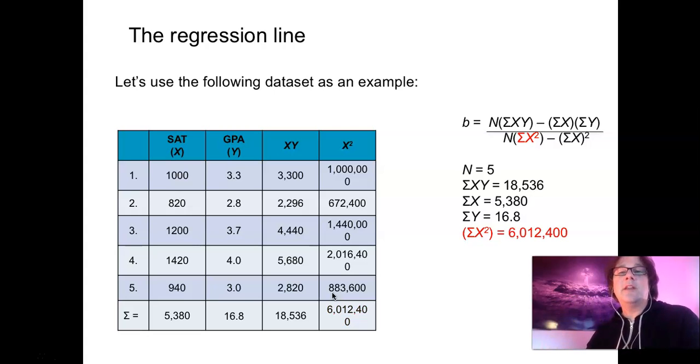Okay, and then we have only one term left to find, and that's the sum of x, squared. And the sum of x we already calculated, right? Sum of x is right there, 5,380. So we just square that. Bam.